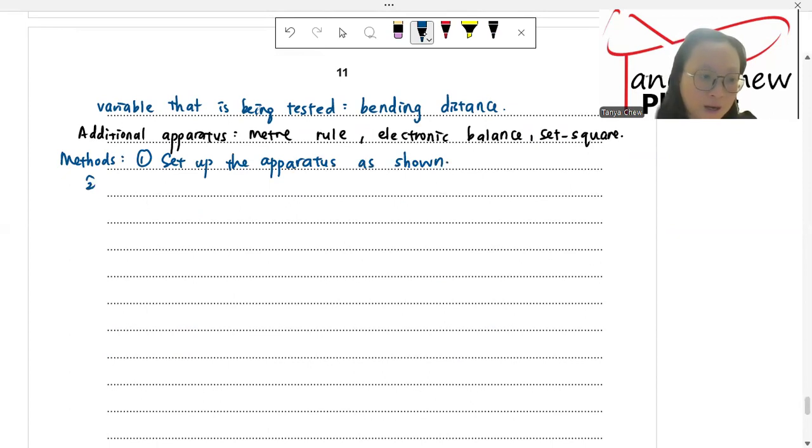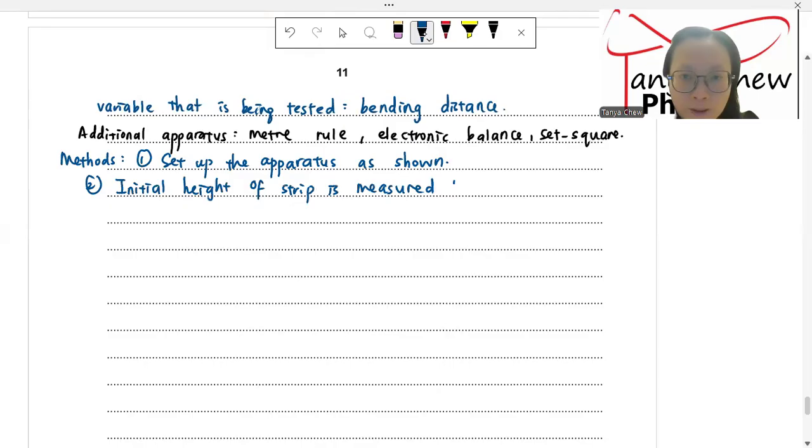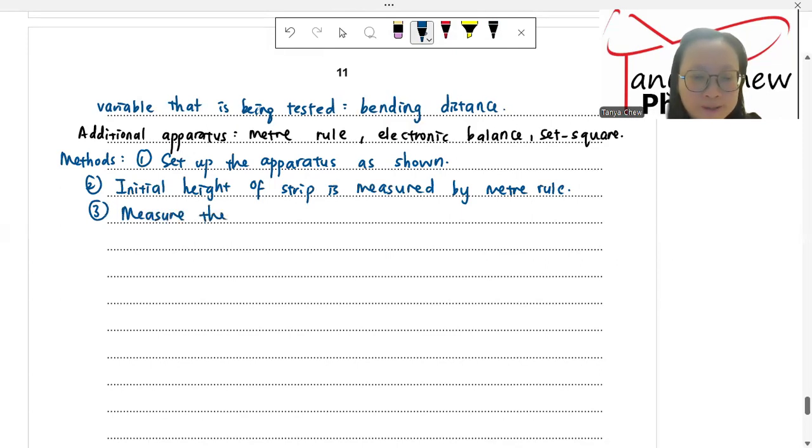And then I would say that initial height of strip is measured by meter rule. After that, maybe I place 20-gram mass. Measure the mass of load using electronic balance.